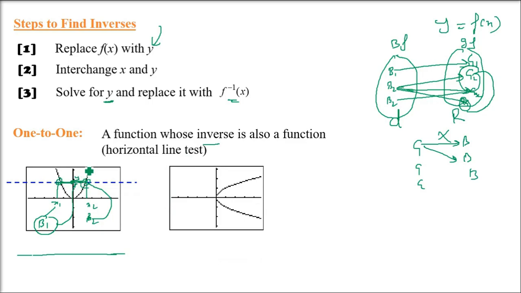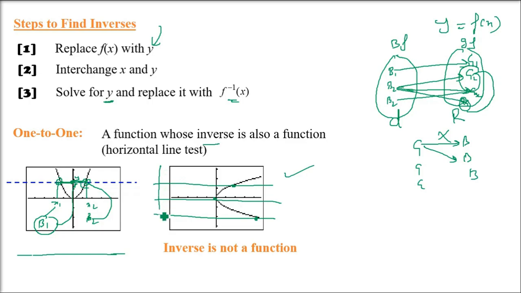Now let me take one more function and the inverse. Let us say one more horizontal test. Now you see here, this particular graph is passing the horizontal line test. It is only intersecting in 1 point. It should not intersect in more than one.